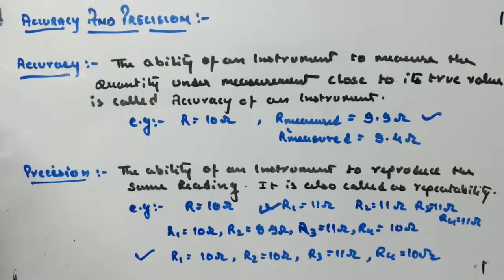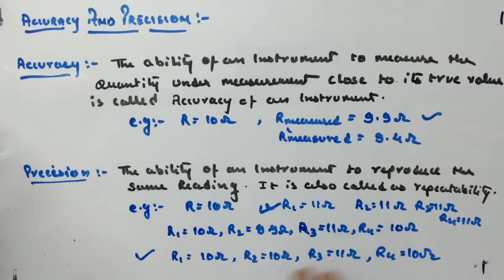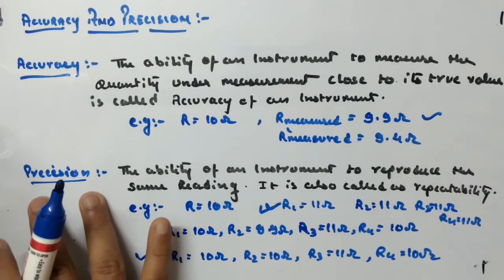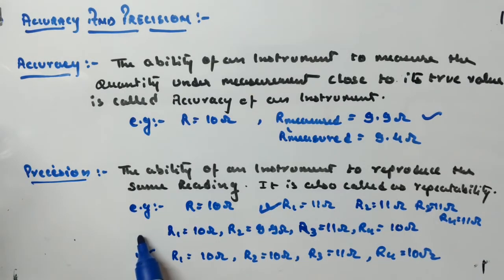If the instrument produces the same reading every time, you will say the instrument is highly precise. Okay, that is what precision means. So here the double tick instrument will be highly precise as compared to the single tick instrument, which is more precise than the non-tick instrument. So I hope you got the essence.